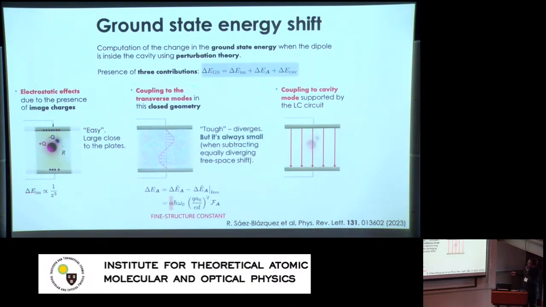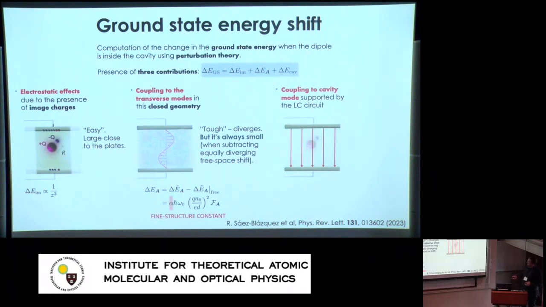You get the coupling to the transverse modes in this geometry. That turns out to be numerically or analytically the hardest calculation. It diverges, but it's always a small correction, because you have to remember what we said before, that free space already diverges, and what I really want to calculate is the correction compared to free space, because in free space I know that full renormalization, etc., just gives me the Lamb shift, which is very small.